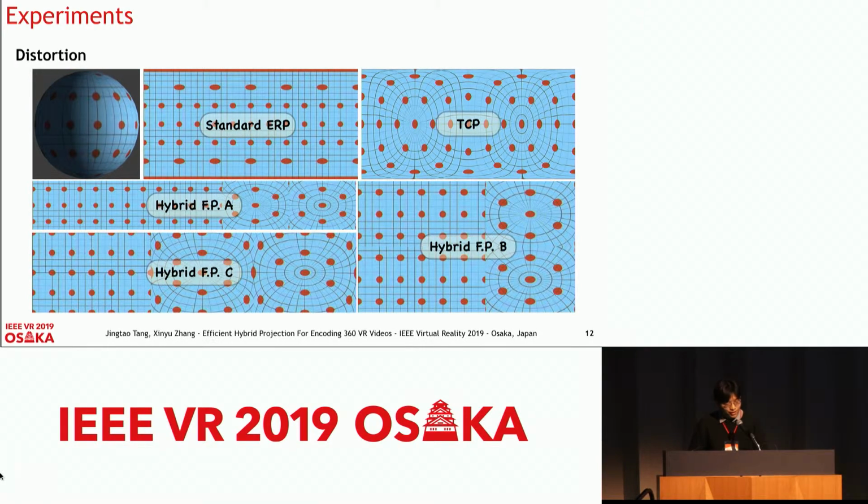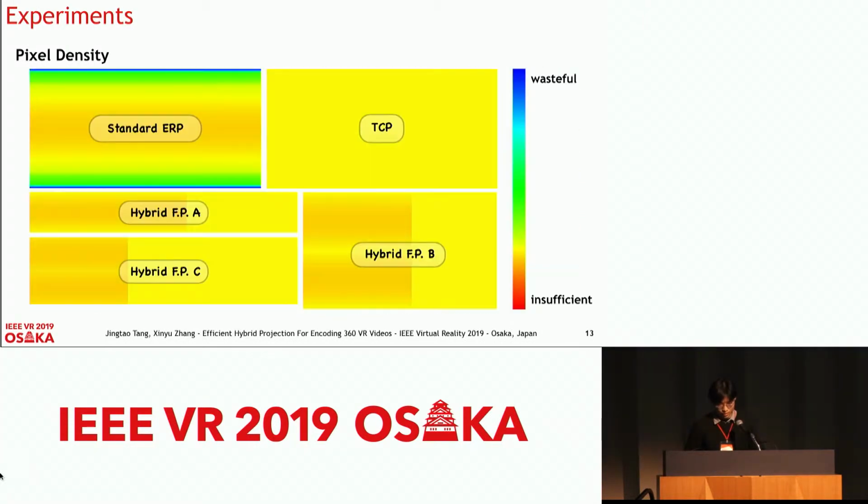By using an evenly distributed red dots texture as the material, the distortions of geometries are presented clearly. And we can see the distortion of all the red dots on hybrid projection is well controlled.